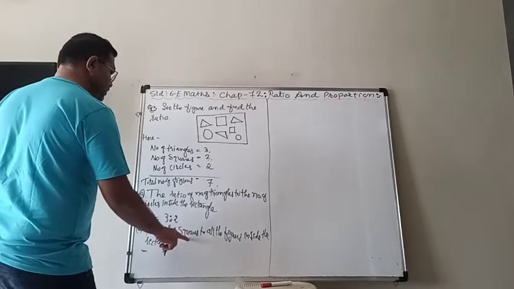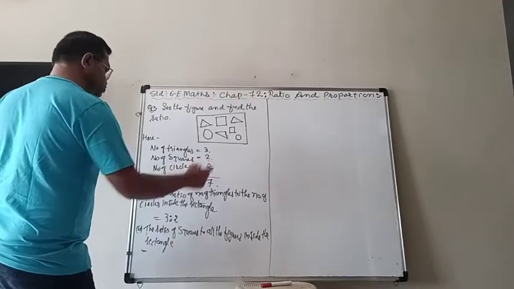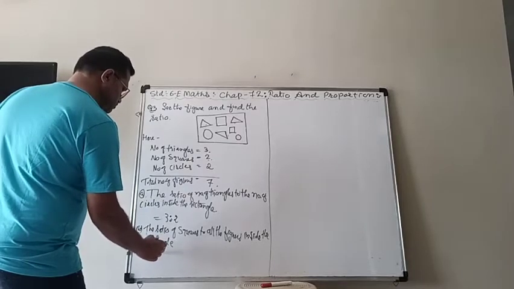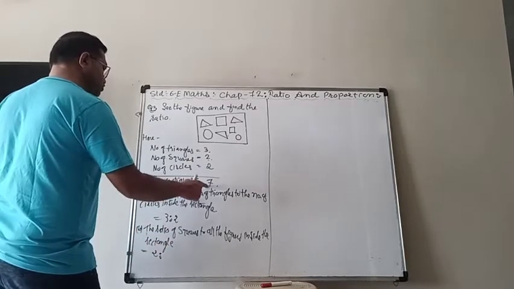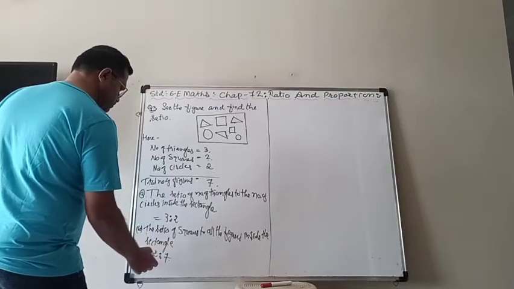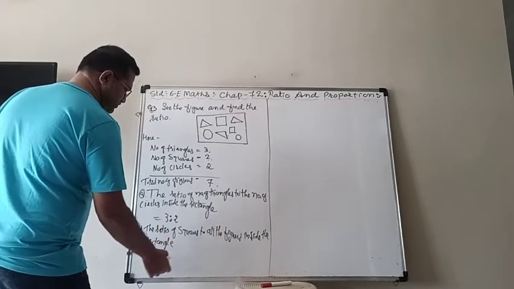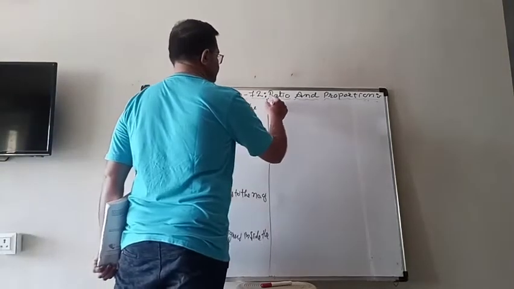We know how many squares there are: 2. How many total figures? 7. So here also there is nothing to simplify, so that is the answer.